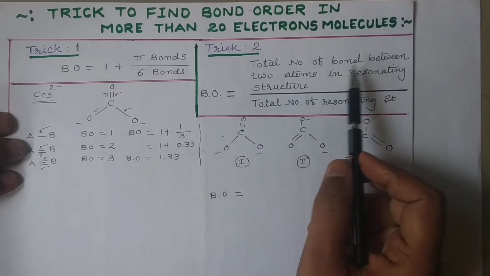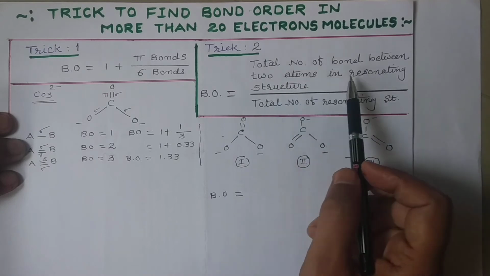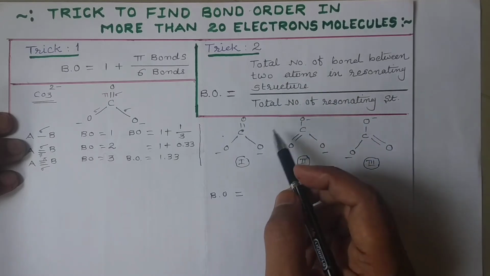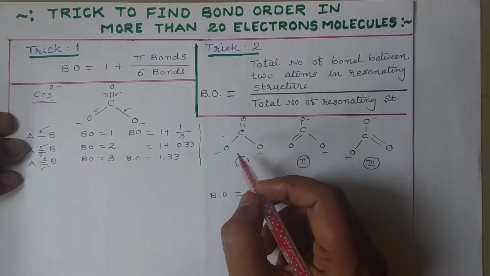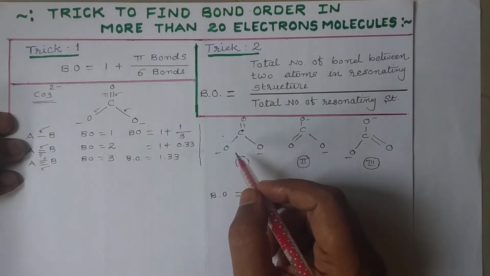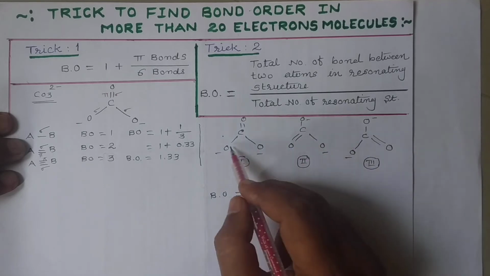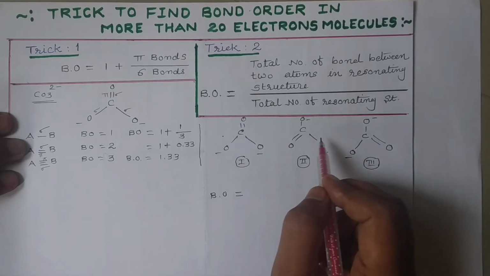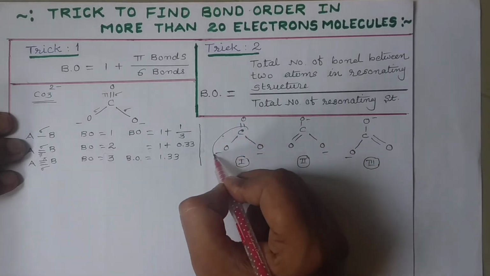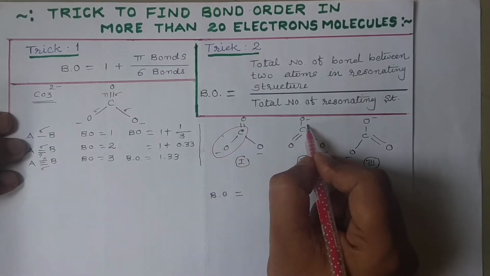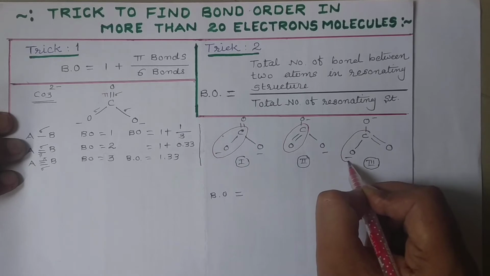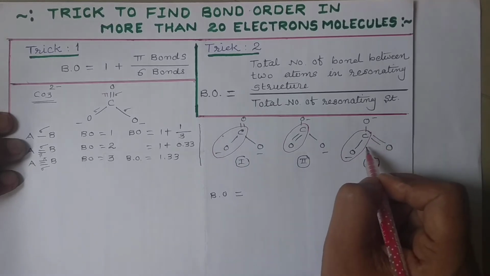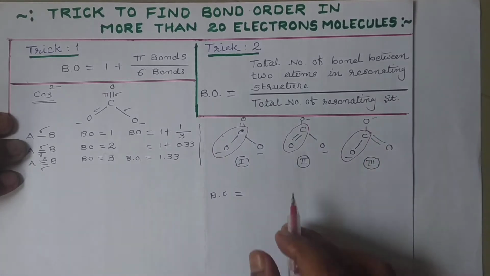Here we have to choose two atoms, but in all three resonating structures we have to choose the same atoms. So if we choose these two atoms, carbon and oxygen, in the second resonating structure also carbon and oxygen, and in the third one also carbon and oxygen.